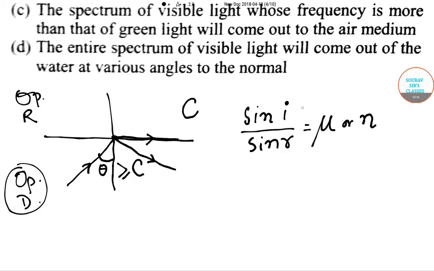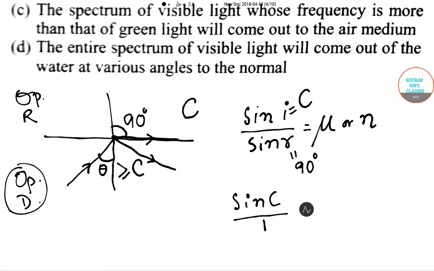Now, if I is equal to the critical angle C, then the angle of refraction will be 90 degree, that is R is equal to 90 degree, or in other words we can say sin C divided by 1 is equal to n.